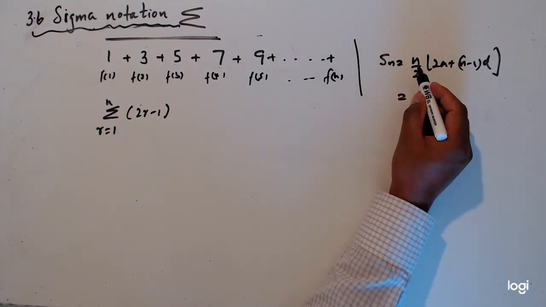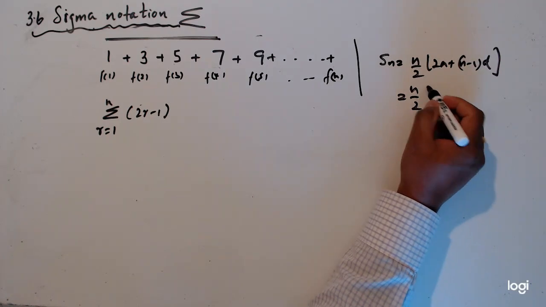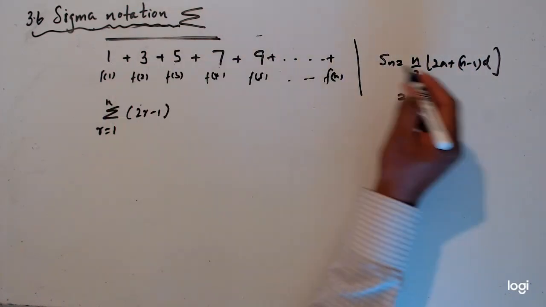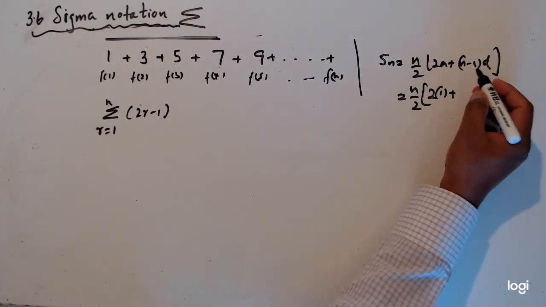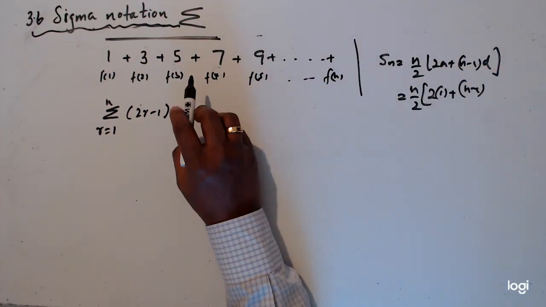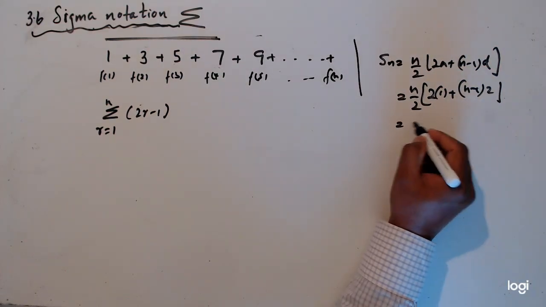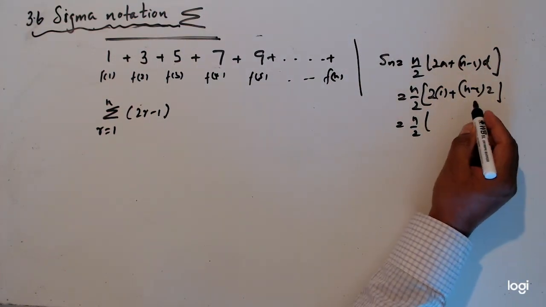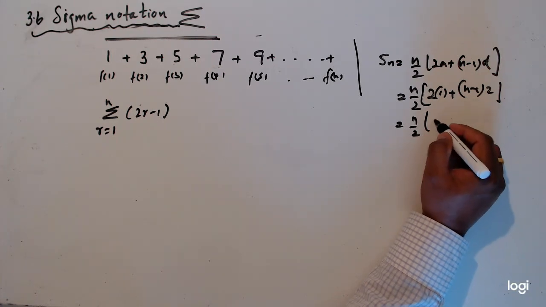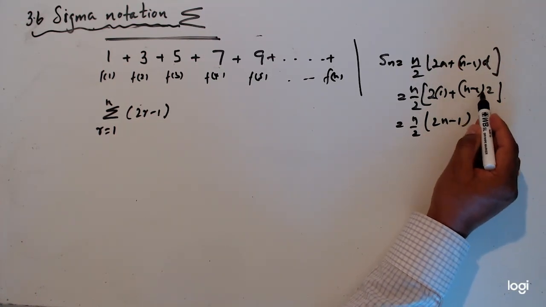So n divided by 2, as we need up to the nth. 2 times a is 2 times 1, and (n minus 1) times d, that is 2. So that is going to be 2n minus 2.